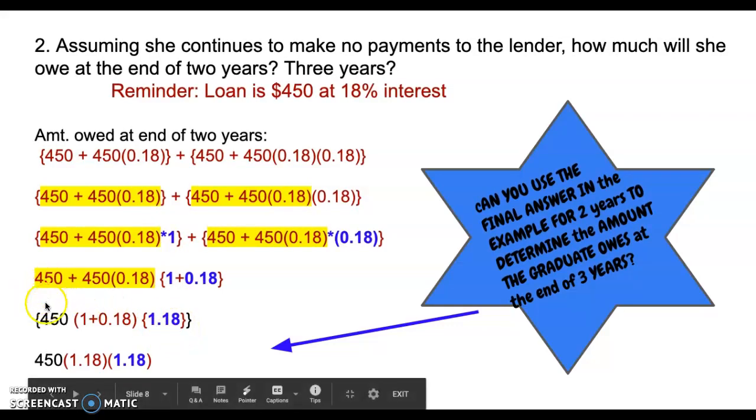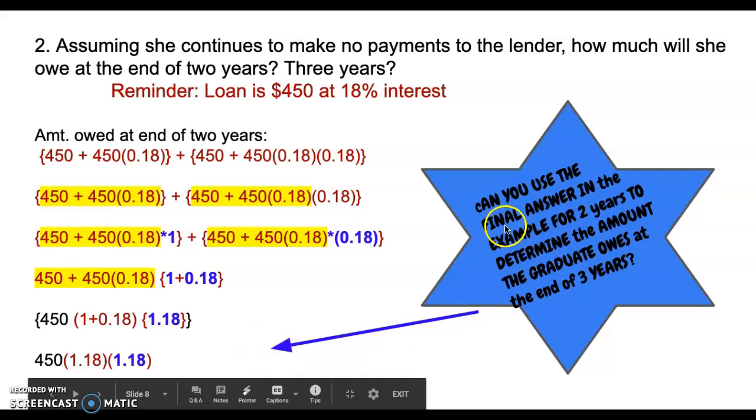So we have the 450 times 1 and 18 hundredths, times 1 and 18 hundredths. And if we simplify this, we're getting $450 times 1 and 18 hundredths twice. We do that twice, and this is 2 years.